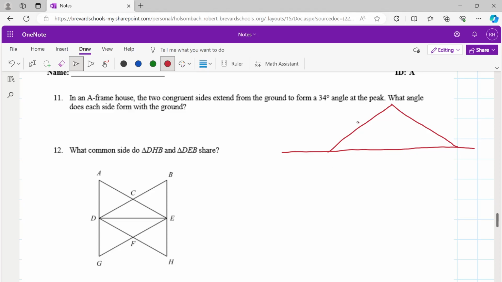So here's our two congruent sides. This is the ground. To form a 34-degree angle at the peak. Here's the peak. This is 34 degrees. What angle does each side form with the ground? So we're looking for this.